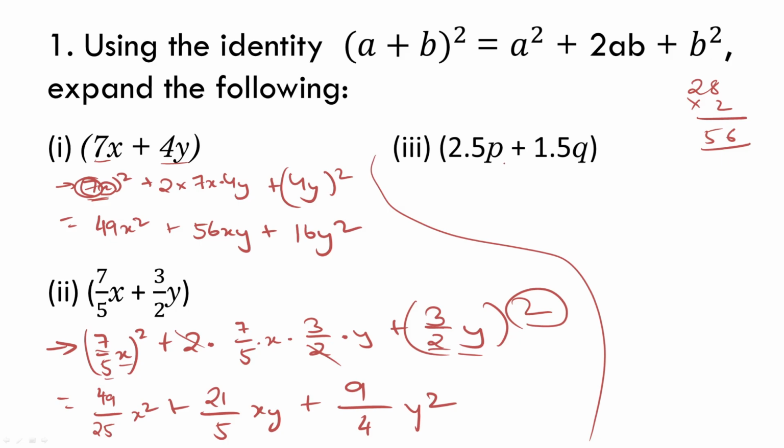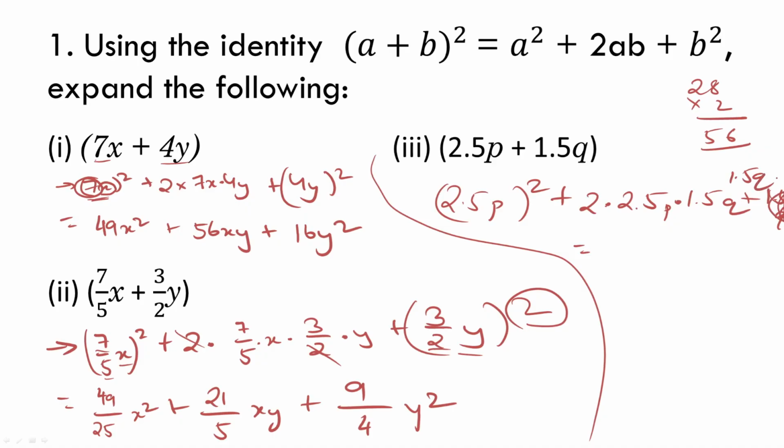Now let's look at the third one. So this is going to be (2.5p) squared plus 2 times 2.5p times 1.5q, and we forgot one thing, plus (1.5q) squared.